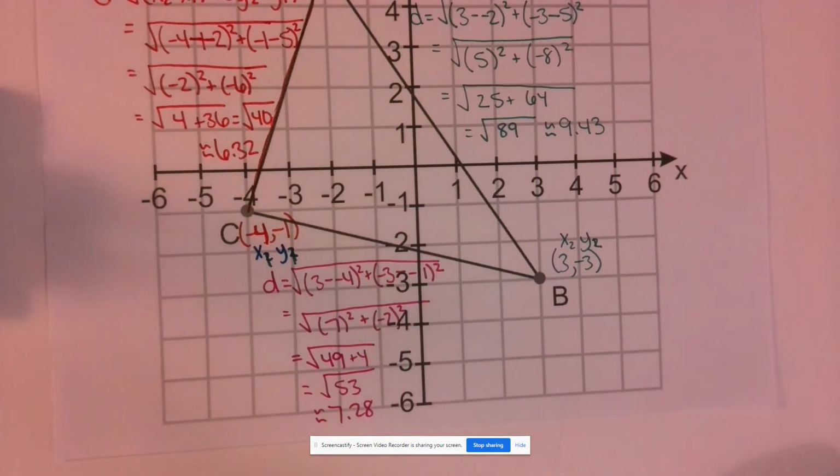All right, I know I did that fast, but we've been using the distance formula a lot. And I did go through step by step how to find the distance of this segment.